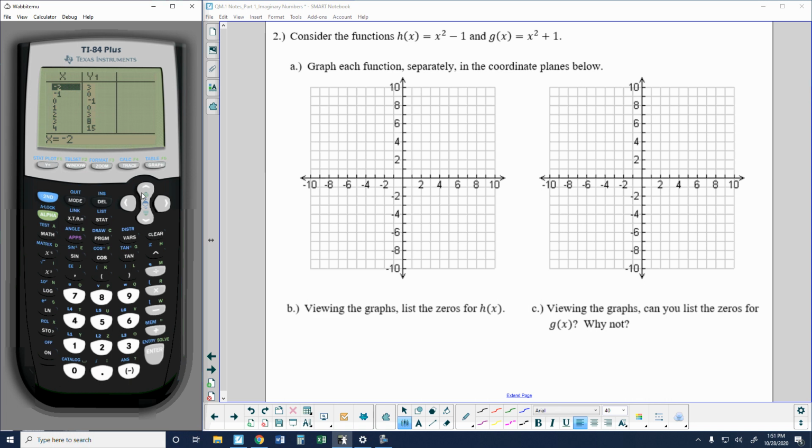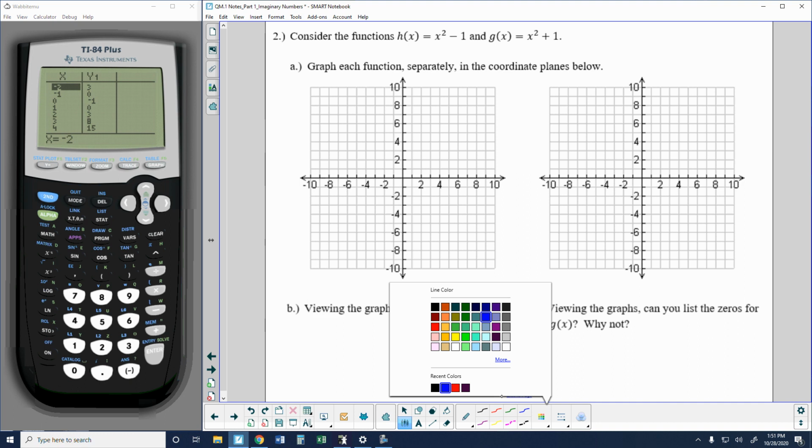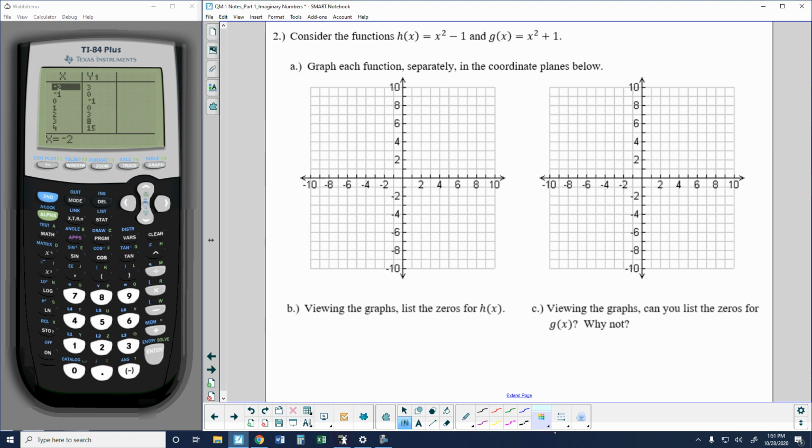Either graphing using the parabola or the window frame that it gave us, or graphing using the table, I can plot some points and graph my curve. So I'm going to plot the point (0, -1), (1, 0), (-1, 0). I'm going to have the point (2, 3) and (-2, 3).